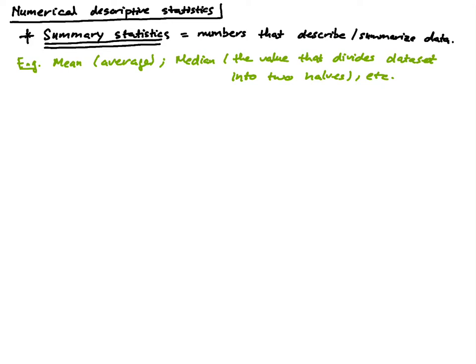Now recall that we talked about the idea of a population, right? The population is the set of all elements of interest in a particular study. And so we define population parameters as summary statistics computed from a population.